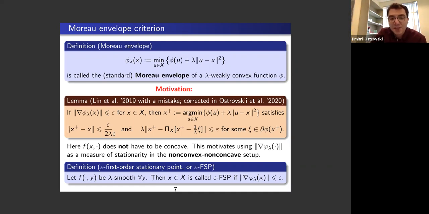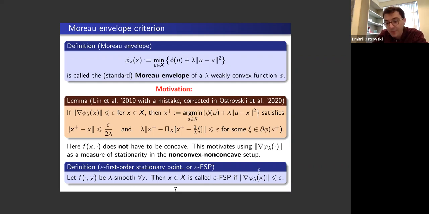In some sense, this is the right amount of closeness. The units are correct here. This tells you that it's okay to look at the Moreau envelope gradient, and this is the criterion we will be using.